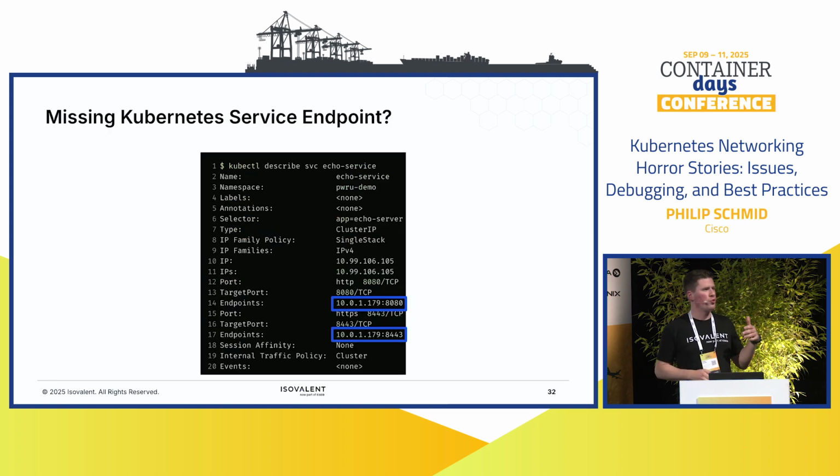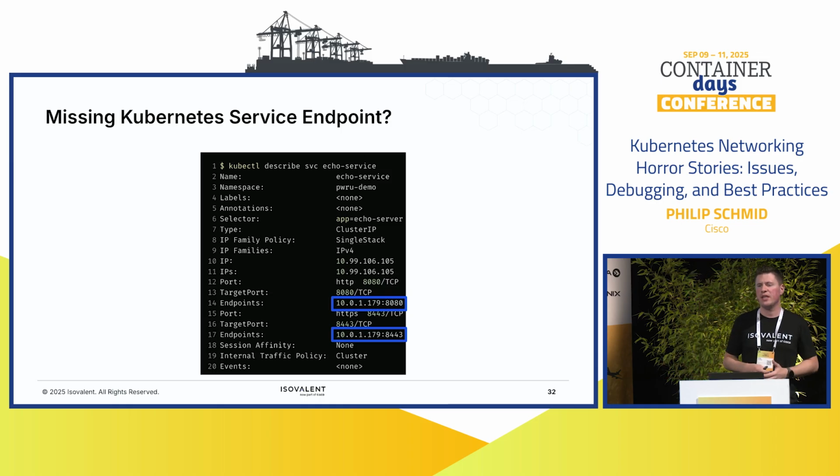Now, how would you troubleshoot that? Perhaps by first starting to validate the Kubernetes manifests you applied. For example, the Kubernetes ClusterIP service that you put in front of the test server. So here we double check if the service finds the endpoints, and we already see there on line 14 and 17 that everything looks good.